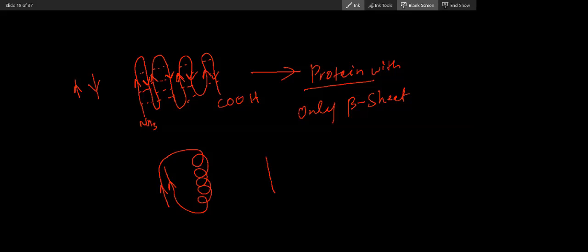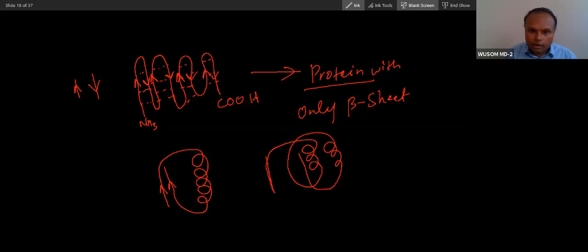You can see this is the flow of this protein. This beta sheet will be held by parallel hydrogen bonds, and this is a parallel beta sheet.